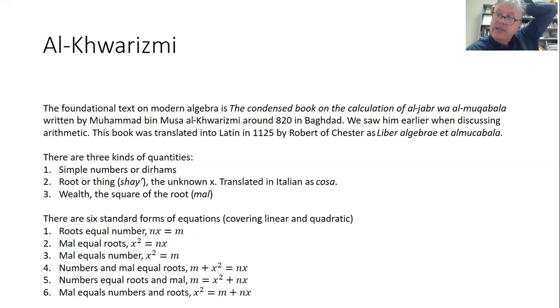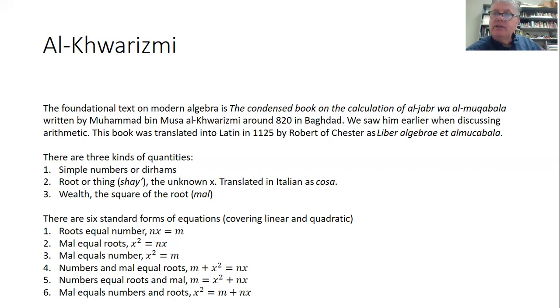And so we see this whole thing about when you translate things, you can either try translating them into actual words in the language, like Liber and et, book and "and", but for algebrae and al-Muqabala, he didn't have an appropriate Latin word, so he just transliterated it over from Arabic into Latin.